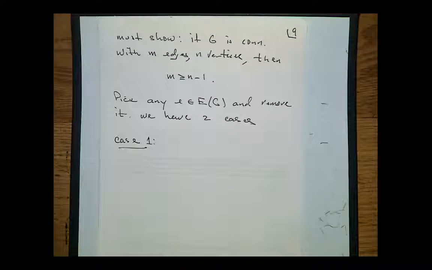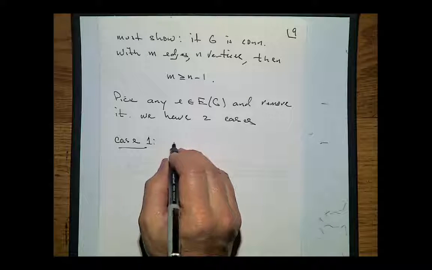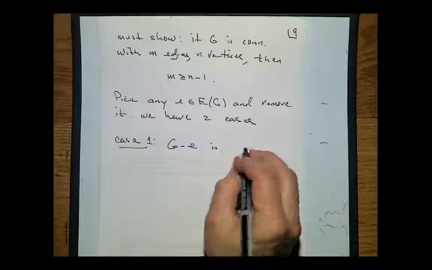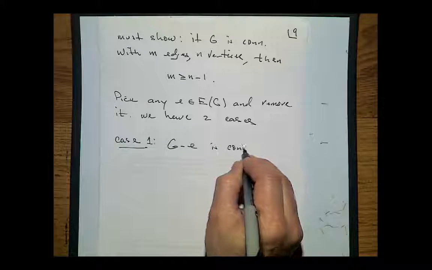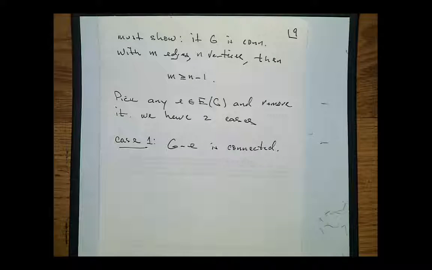Case 1 will be the easy case. The result, which I'll refer to as G minus E, is still connected, but it has one less edge than G did. So we can apply the induction hypothesis to it.